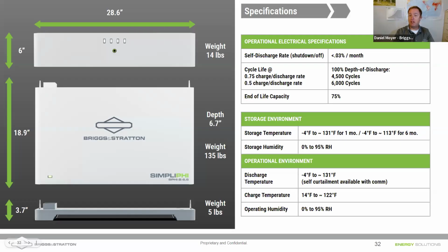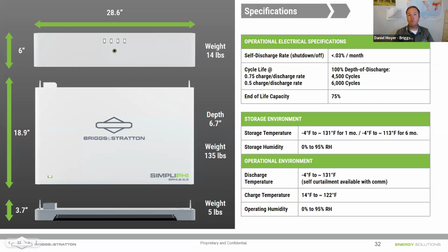So if you're treating the batteries relatively hard, C over 2 is a lot faster than the C over 10 or C over 20 we're used to in lead acid, we're still going to get 6,000 cycles of expected life. That's like 16 years.